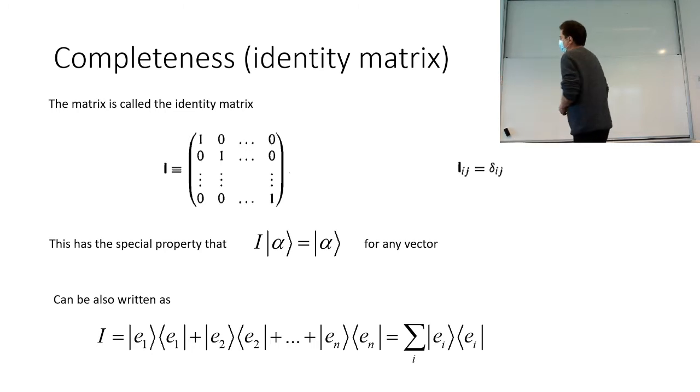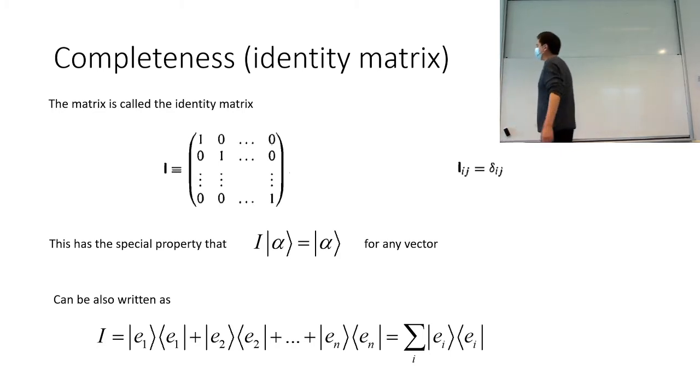But the identity matrix is a very special matrix because it doesn't matter what vector you have. If you apply the identity to the vector, it always remains the same vector. And you think, well, that's obvious because it's got ones on the diagonal.